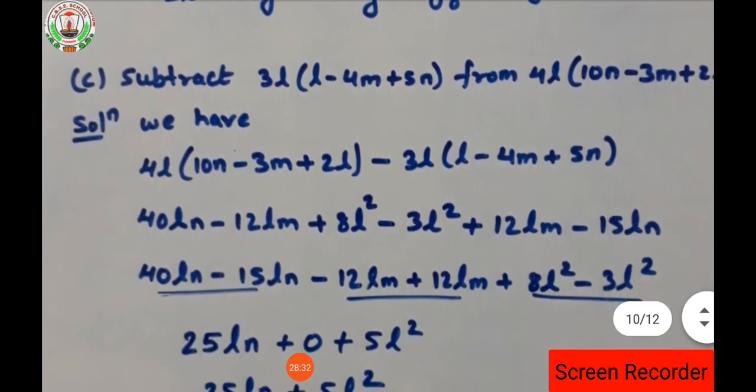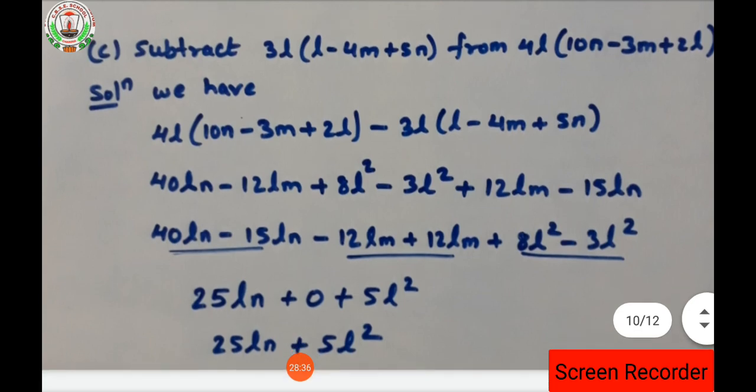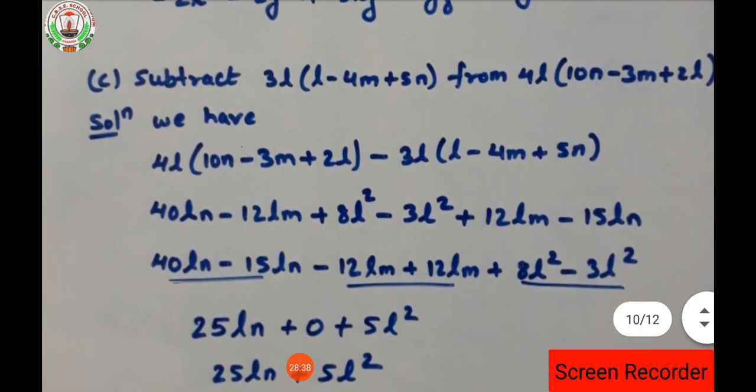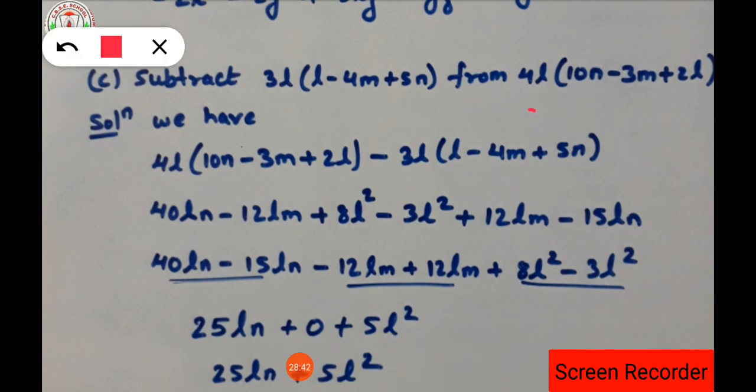Now the C part of this question. In the C part it is said to do the subtraction, isn't it? Subtraction we have to do. So as I told you in the previous video itself, in subtraction, the term after "from" will come first, and the term before "from" will become the second term, isn't it?